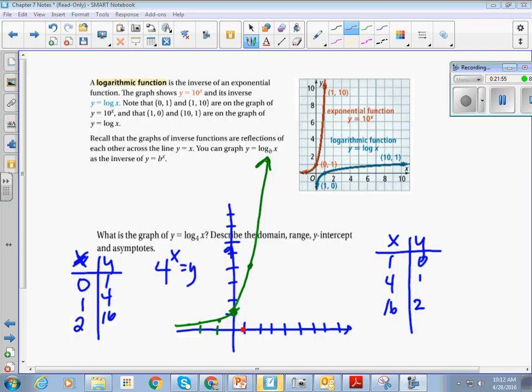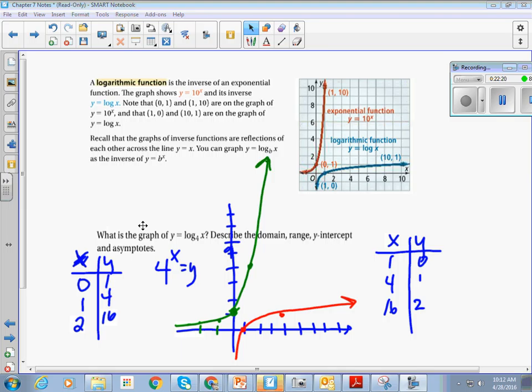Over 1, up 0. Over 4, up 1. And we have the inverse. All right, it wants us to describe the domain, range, y-intercept, and asymptotes.